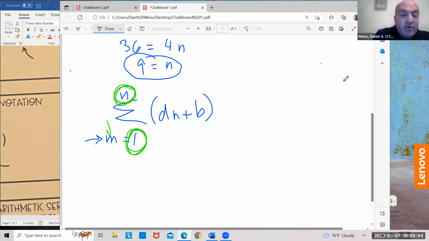Here's my problem with calling this N: that N would be different from this N, because that N is the number of numbers. And if I say N equals 1, no, the number of numbers is not 1.